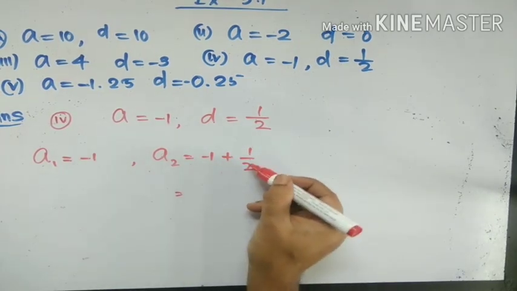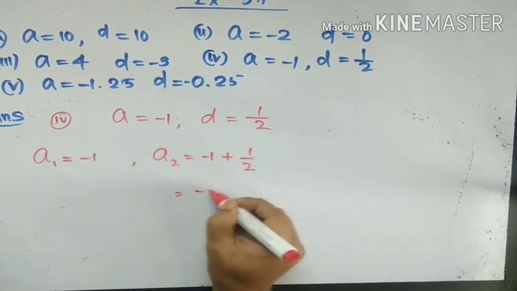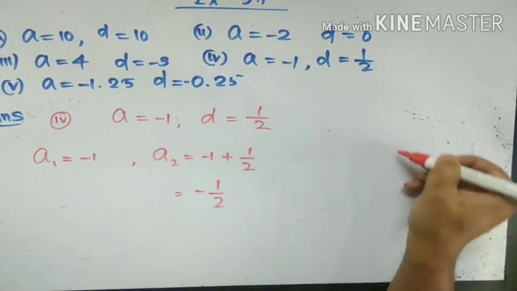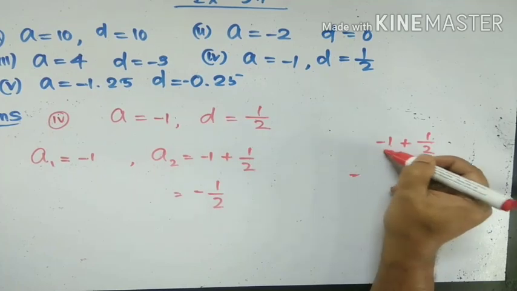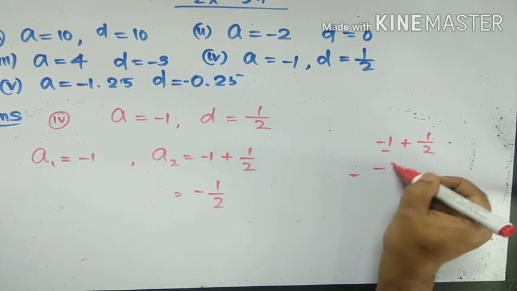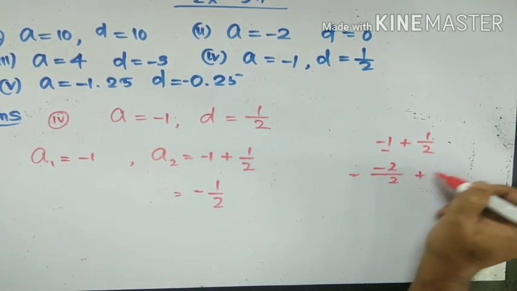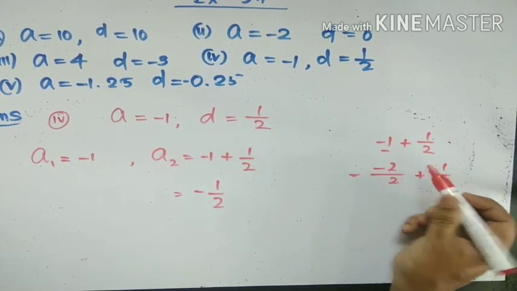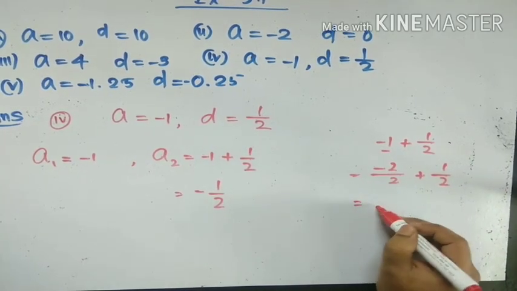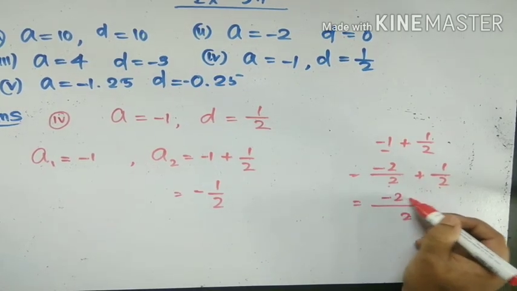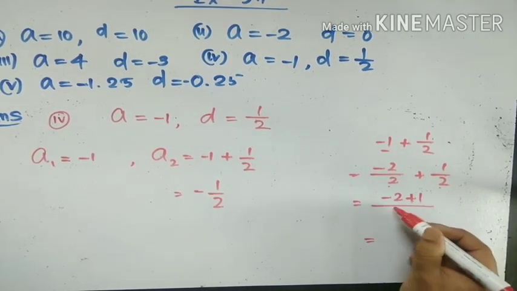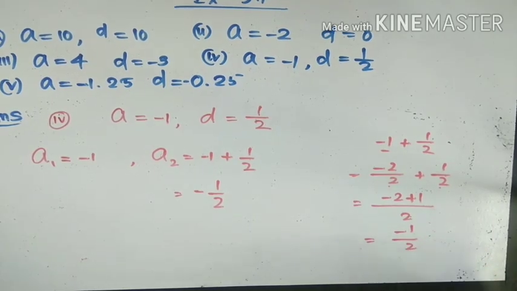Minus 1 plus half, that means minus half. So how is it? I will show you. Minus 1 plus half. Instead of minus 1, you can write minus 2 by 2 plus half. So the LCM is 2. In the numerator, minus 2 plus 1. So it will be minus 1 by 2.